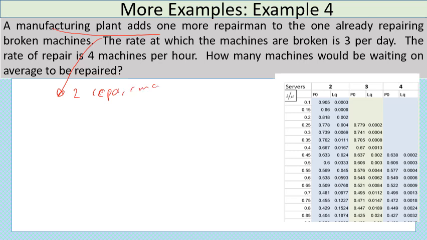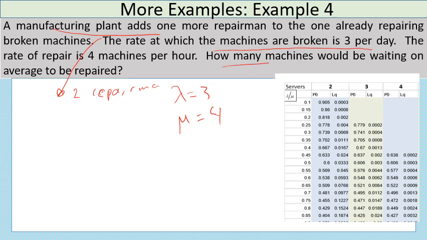Now the rate at which the machines break is 3 per day. So the arrival rate of machines is 3. The rate of repair is 4, so each one of these repair persons is fixing machines at a rate of 4 per day.